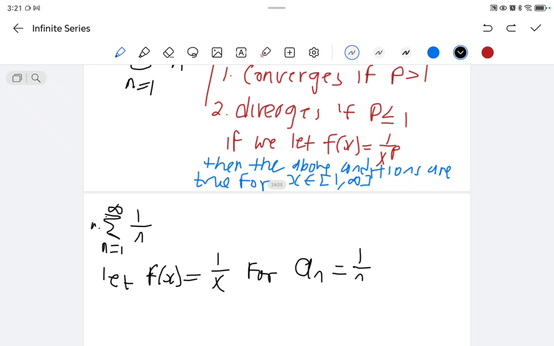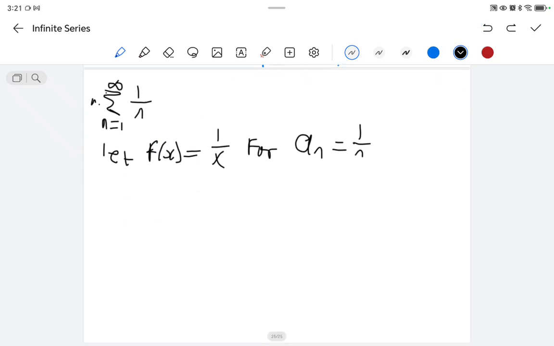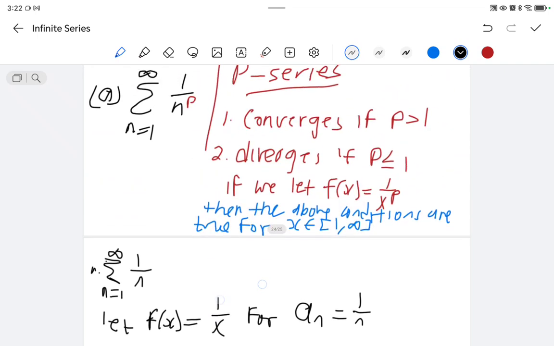So this will be the case. Now we know that we're going to have the integral from 1 to infinity of 1 over x dx. So now we're checking the improper integral. Since p is equal to 1, let's check what happens when p is equal to 1.